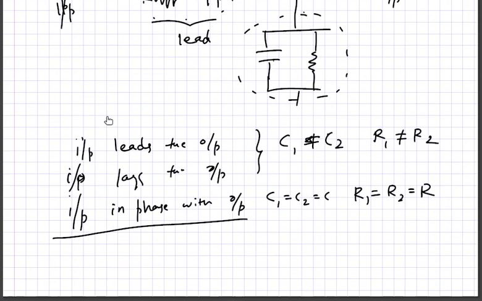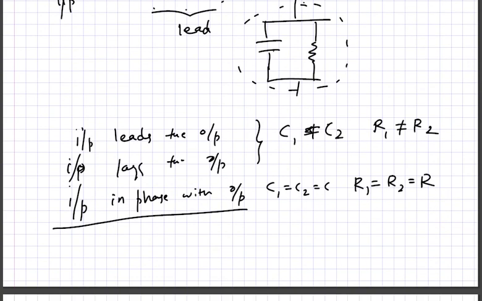At resonant frequency... at high frequencies, the output is negative, and at low frequencies, the output is positive and this is a lead network.